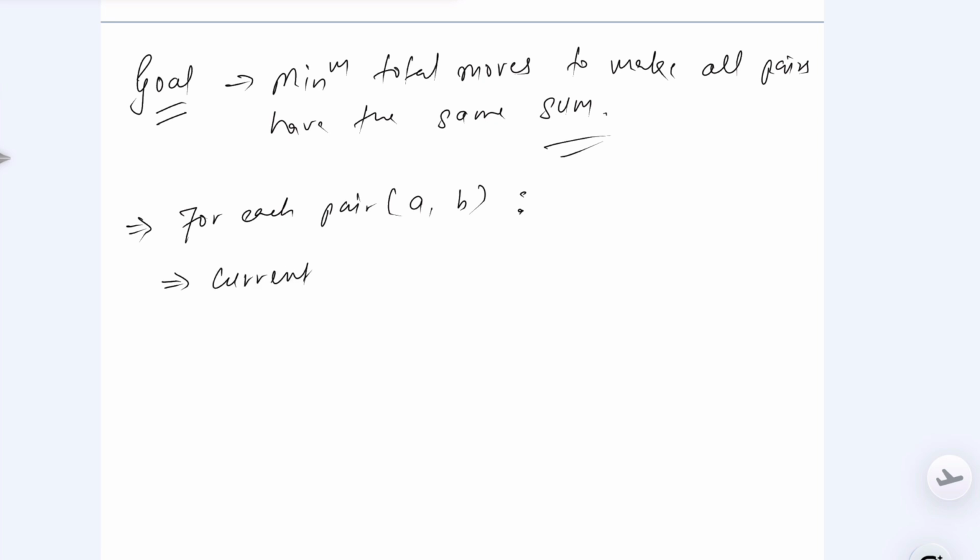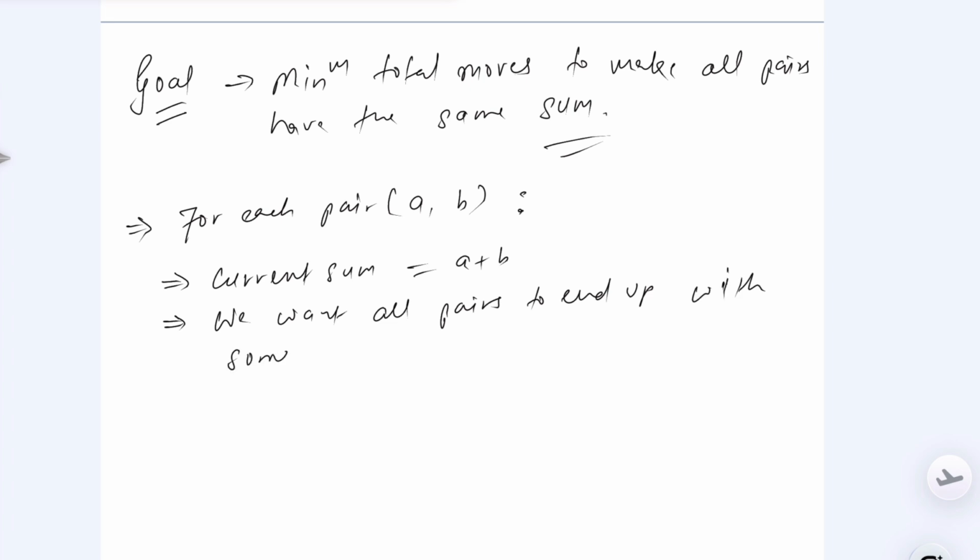The current sum is A plus B. What we want is for all pairs to end up with some target, the target sum S.